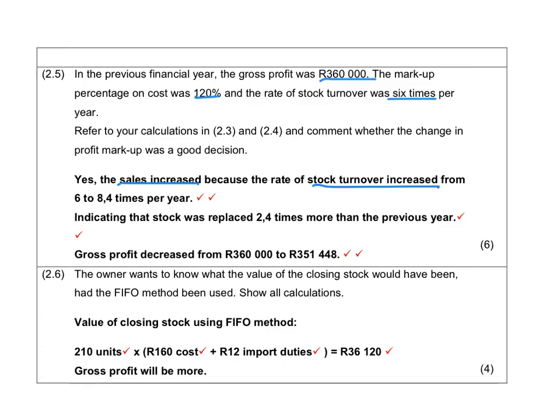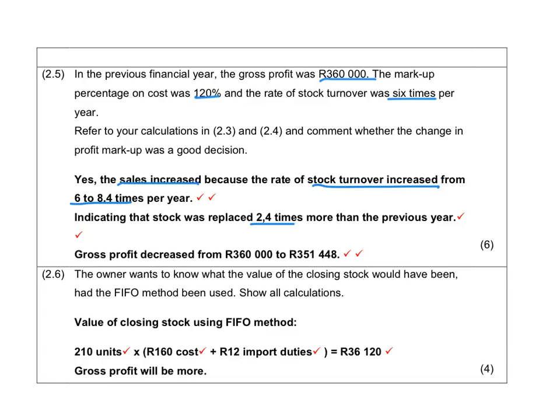Remember that our profit per unit will now be smaller because we're making a smaller markup. But the stock turnover tells us that we increased our turnover from 6 to 8.4 per year. That indicates that we replaced the stock 2.4 times more than in the previous year.